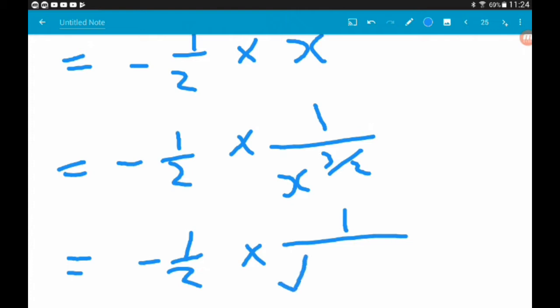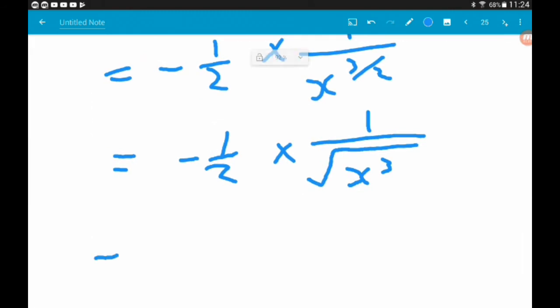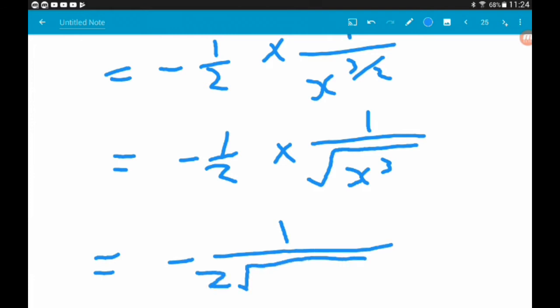We've got the square root of x cubed, like that. So now we can simplify it and say we've got minus 1 over 2 times the square root of x cubed. Good times.